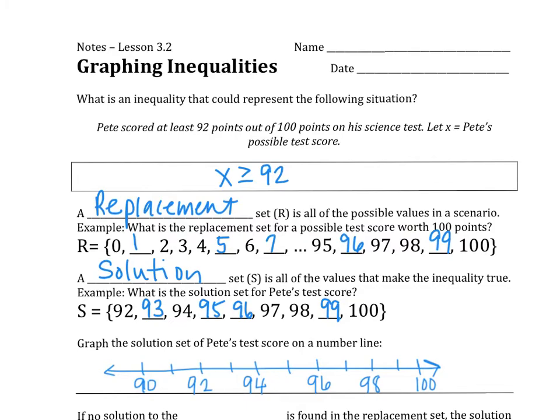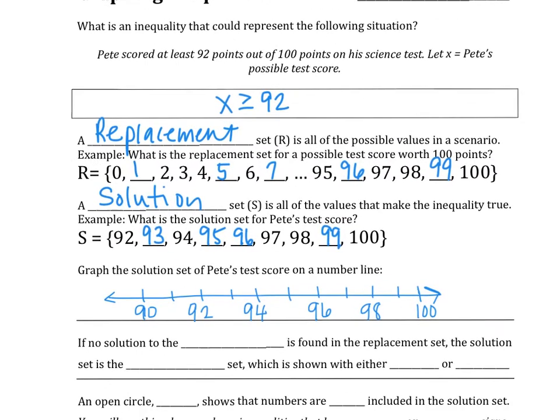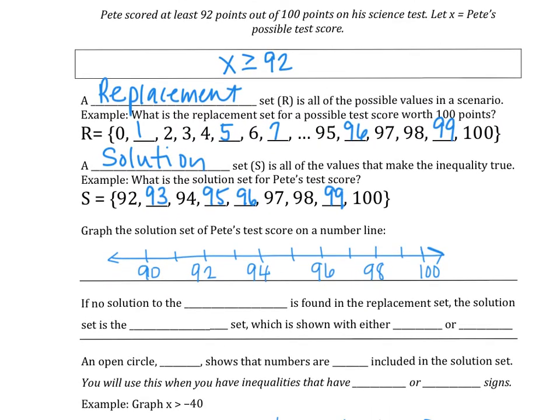Those are all possible options. So let's take a look at how we would graph that on a number line. His test scores could be 92, so that would be a closed circle on 92, and it could be anything up to 100. That's how we would demonstrate that on a graph.